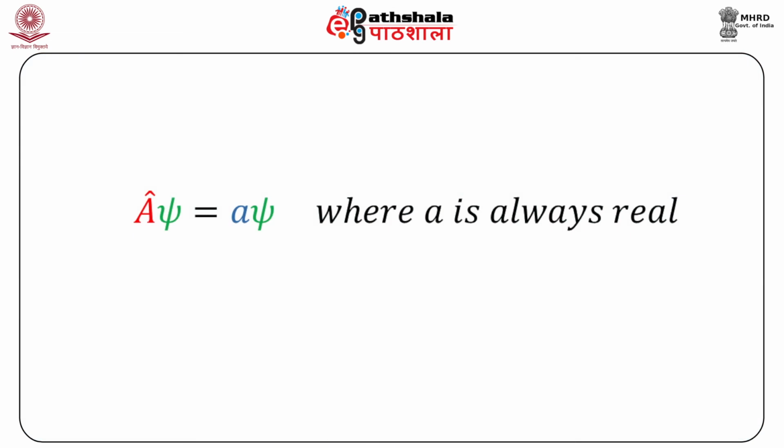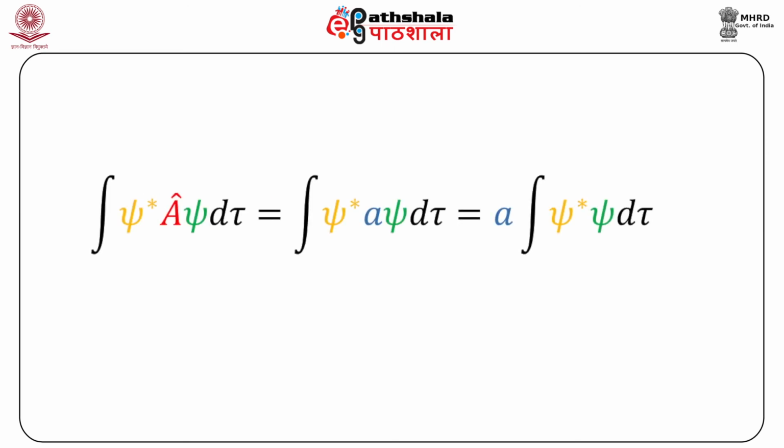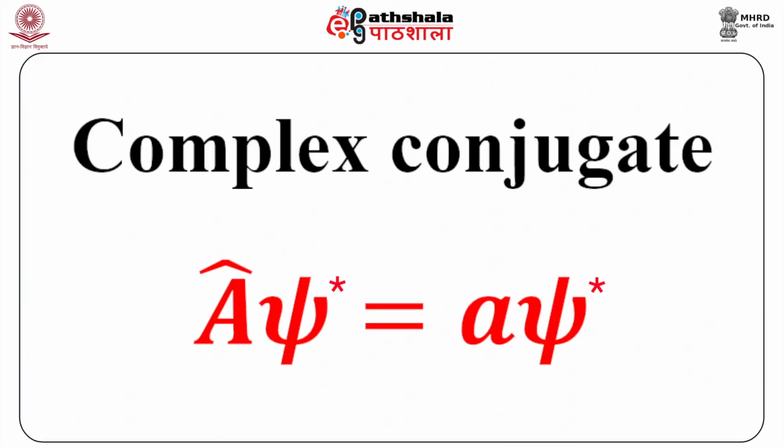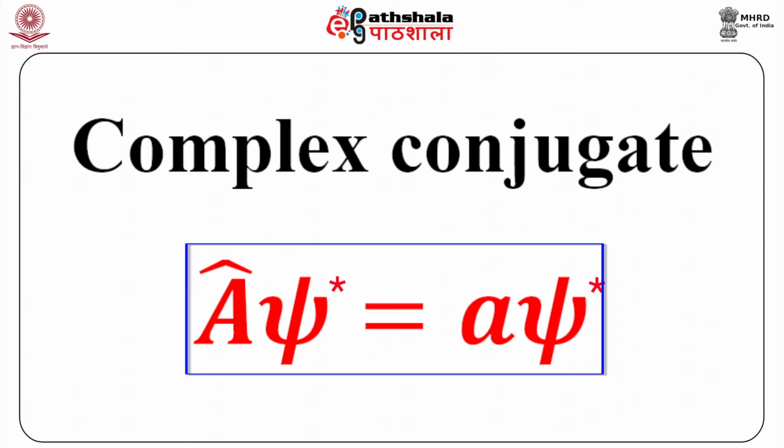For example, if there is an equation A cap psi gives you a psi, then small a is the value corresponding to the operator A cap, which is real in quantum mechanics. Now we see in this equation A cap psi is equal to a psi, where a is real. If we multiply the equation by psi star and integrate, we get this equation. On the other hand, if we take the complex conjugate of the equation A cap psi is equal to a psi, we get this equation.